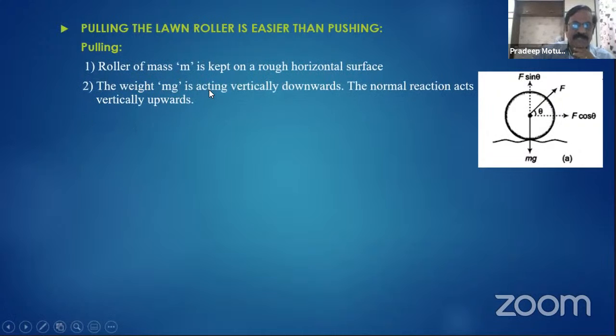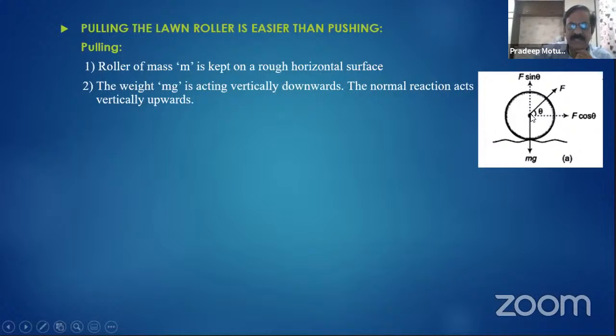A roller of mass m is kept on a rough horizontal surface. That means its weight is acting downwards. How much does it weigh? W equals mg.